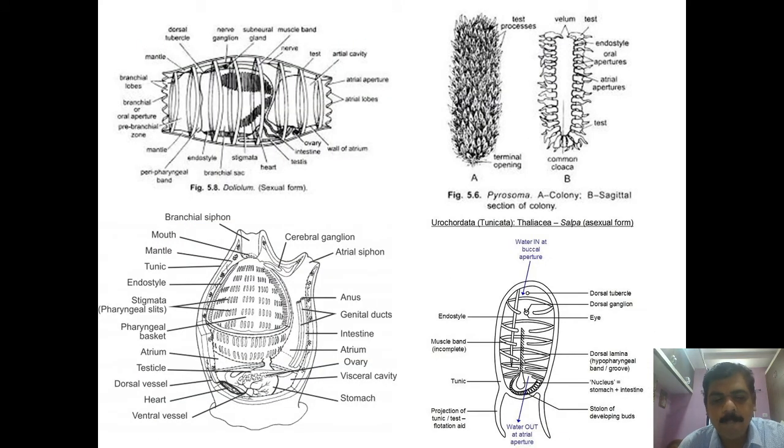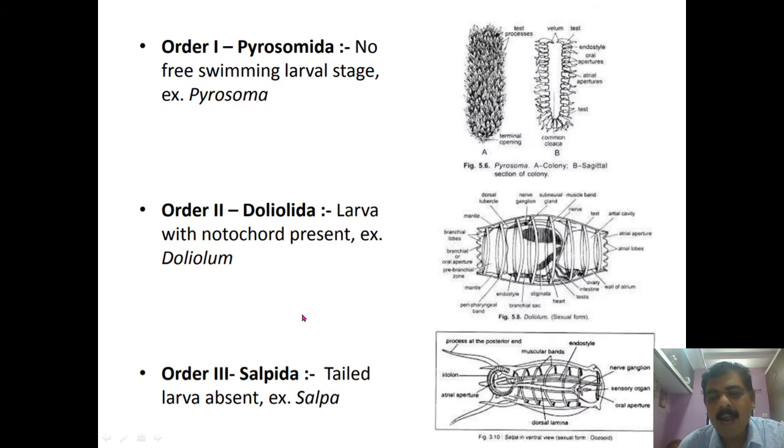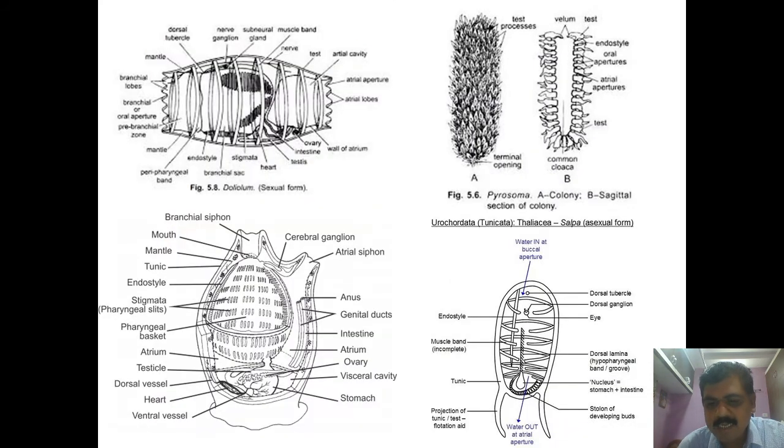Example is the Salpida. It is also called Hemimyaria. Hemi means half, myaria means muscle band. The muscle bands are not complete. They are incomplete on one side and complete on the other side, and that is called Hemimyaria. The muscle bands are incomplete.